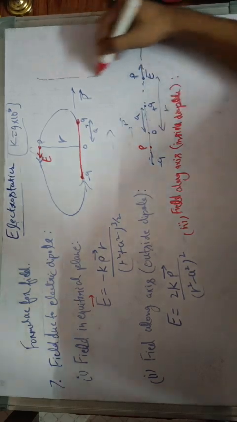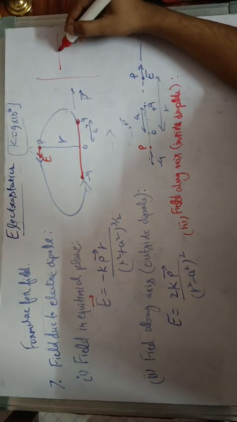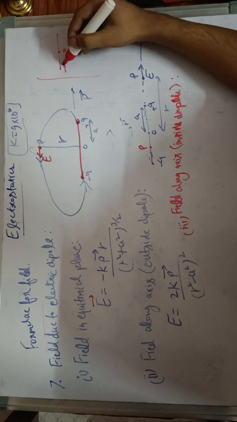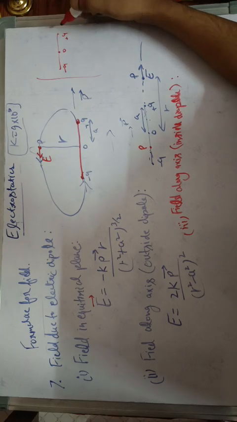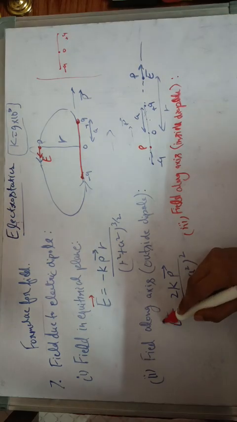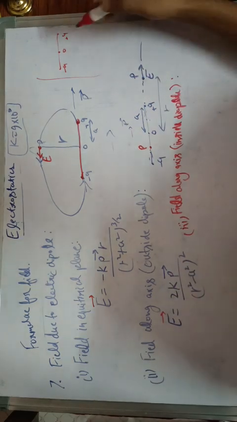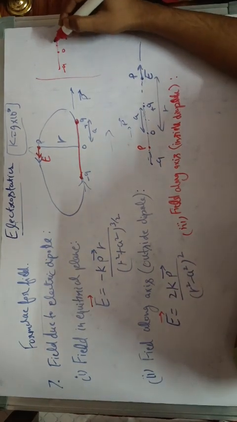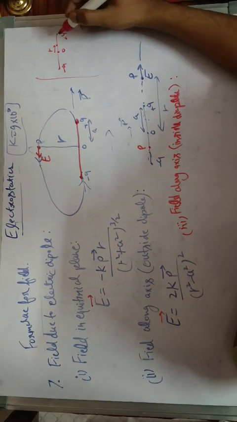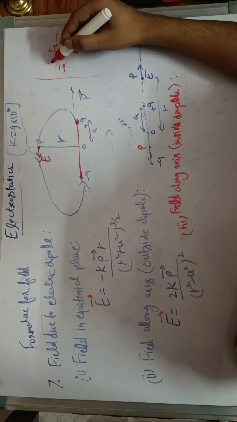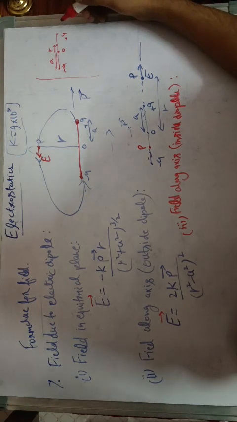Let's say this is deriving here. This is the dipole. This center. This is minus q charge. This is plus q charge, and let's say there is a point here. This length is r, and this half length of this dipole is a.